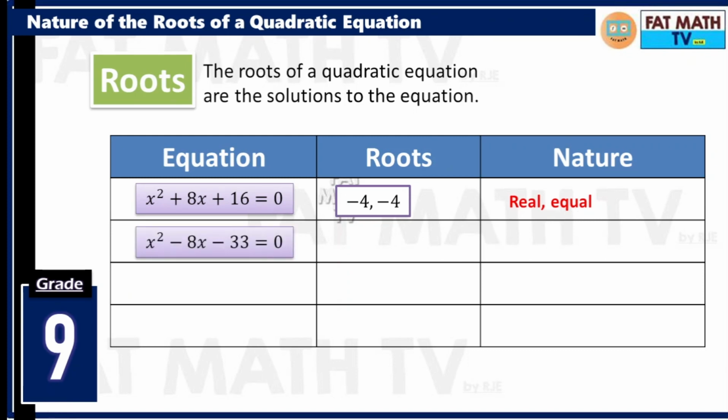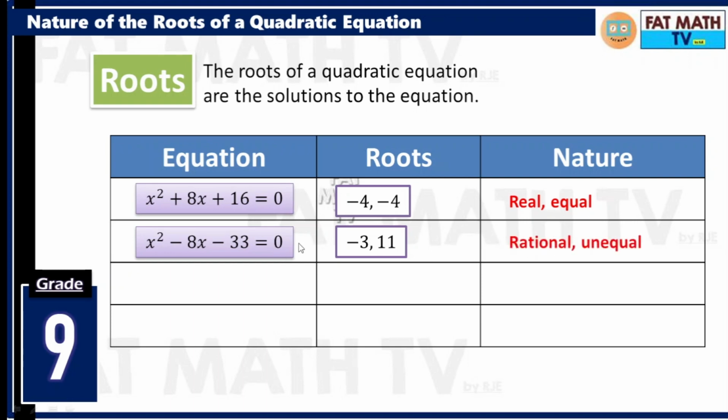How about this example? x squared minus 8x minus 33 equals 0. If you do factoring there, you will have x plus 3 and x minus 11. And then, if you equate each factor to 0, you will get x equals negative 3 and x equals positive 11. So still, the roots are real numbers, but they are not equal.